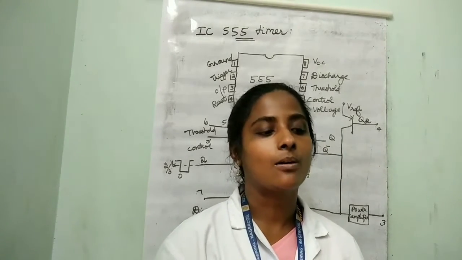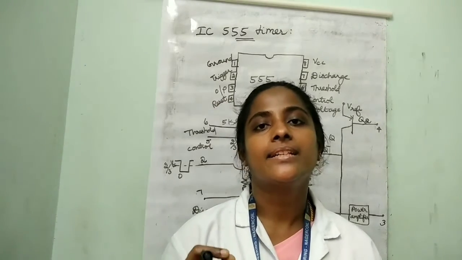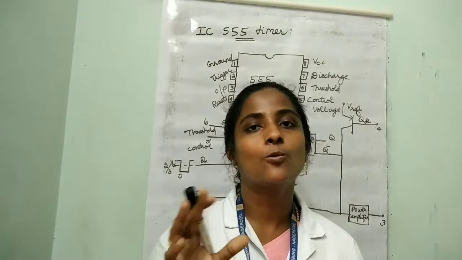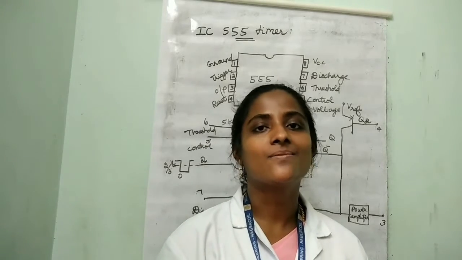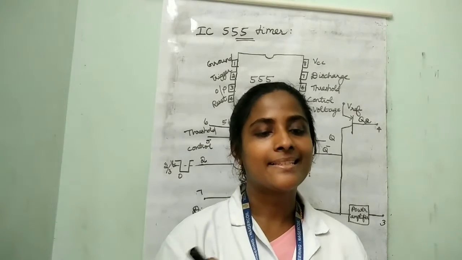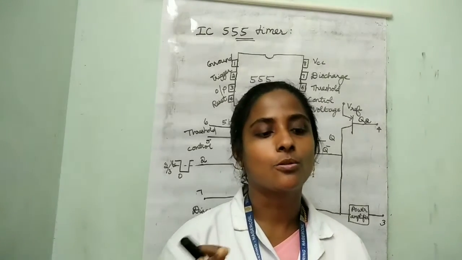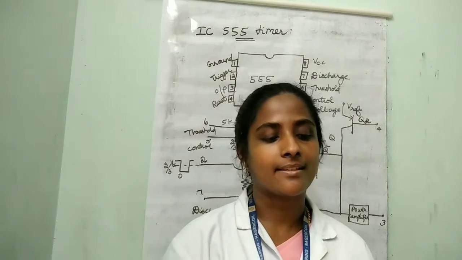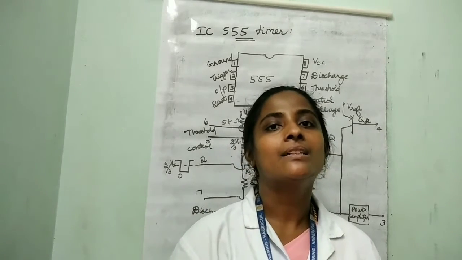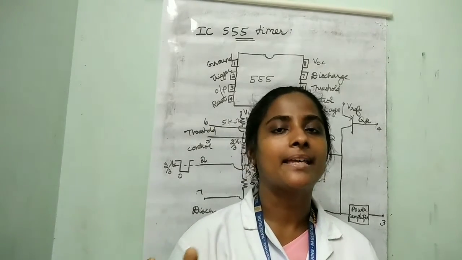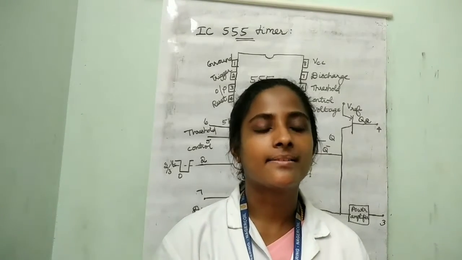The output of the lower comparator is high and this sets the flip-flop, that is Q is equal to 1 and Q bar is equal to 0. The next condition is when the threshold voltage at pin 6 passes through 2/3 VCC. Now the upper comparator becomes high, Q becomes low and Q bar becomes high, that is Q is equal to 0 and Q bar is equal to 1.